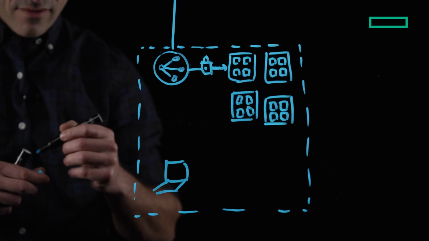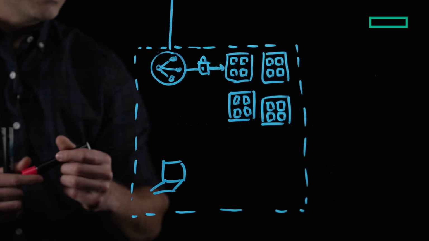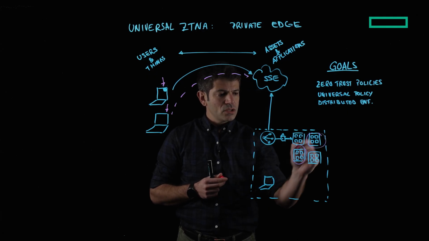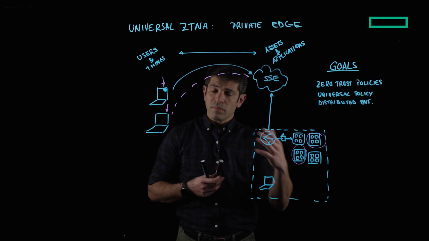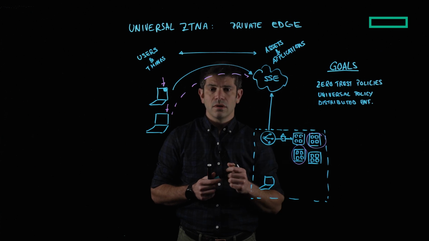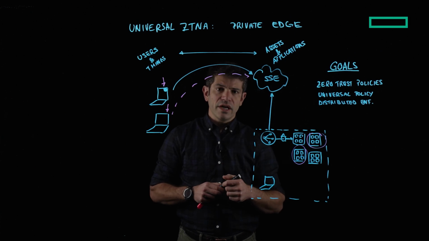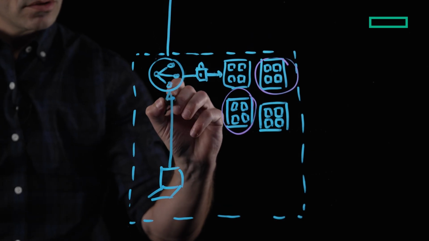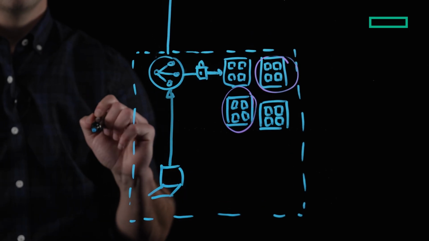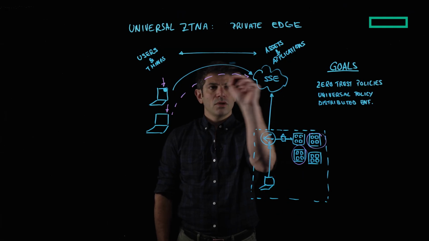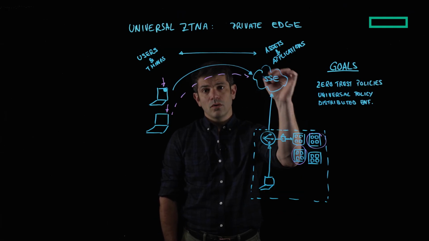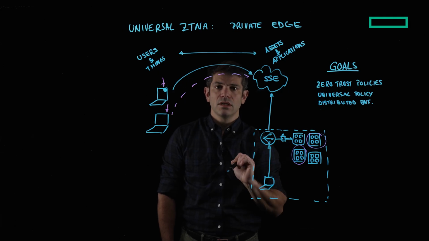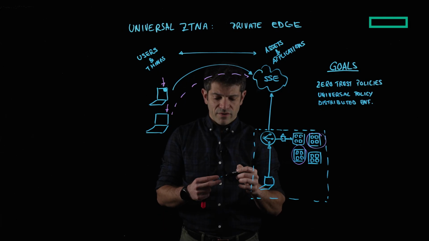This user will have access to whichever application he or she needs to access, maybe this application and this application, based on the fact that it's a compliant device, it's on whatever group of your Entra or Okta or whatever it is. Now, the difference here is that the user is just going to come to our private edge. Instead of having to go all the way to the cloud where the applications are presented, the applications for this user are going to be presented just right here in the private edge.